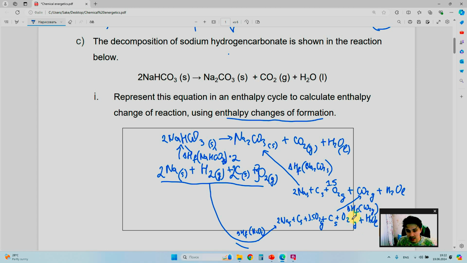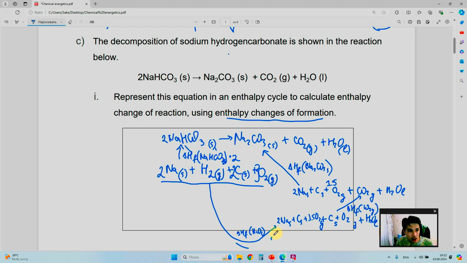Sometimes you may see that this process of making sodium carbonate, carbon dioxide, and water is just done in one step. They just simply sum up all of the elements, then sum up all of the formation enthalpies. So, which is also fine, but I think this way of explanation is more clear.